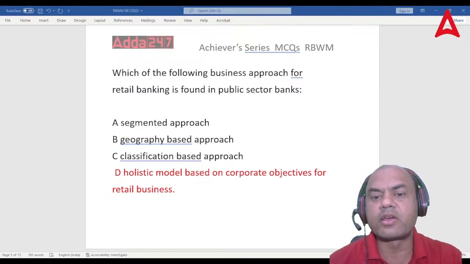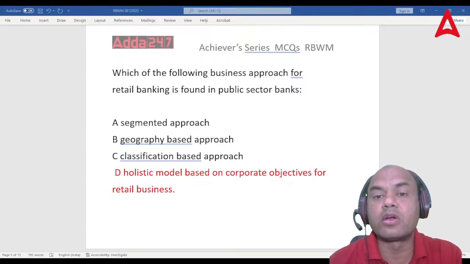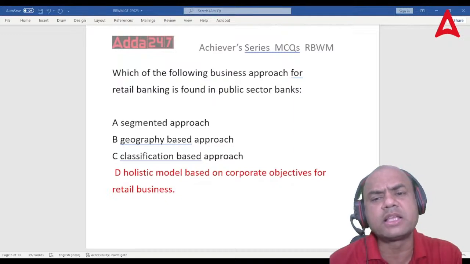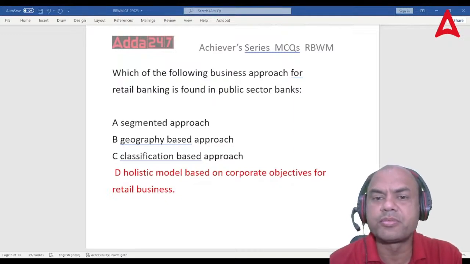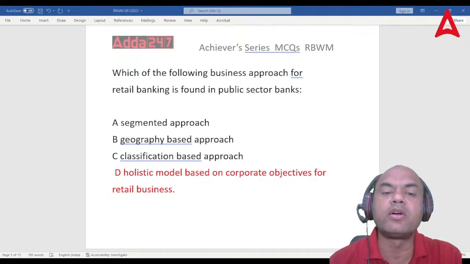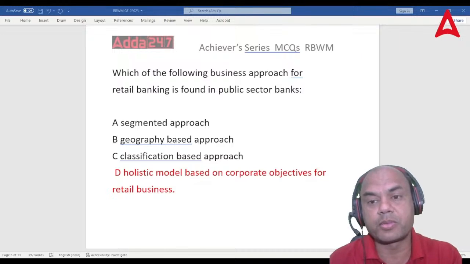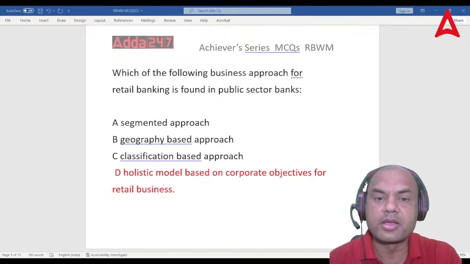Wherever there is a semi-urban branch but a lot of urban customers are coming, I'll shift it from semi-urban to urban. So anything can happen depending on the corporate objectives. These are very important. Okay, let's move on.